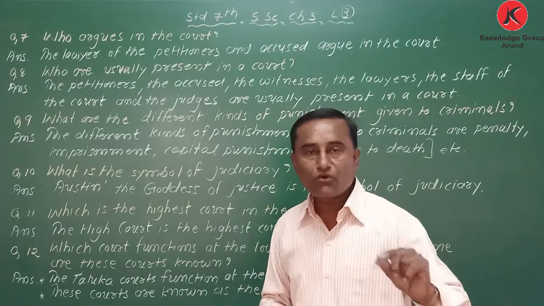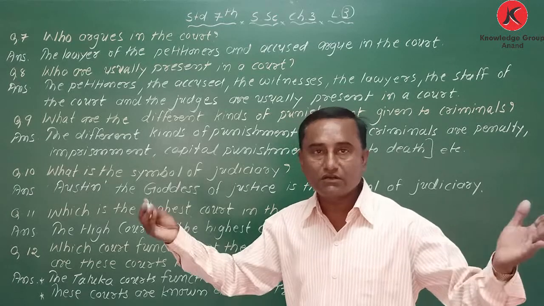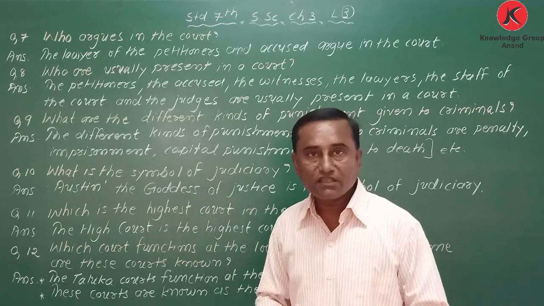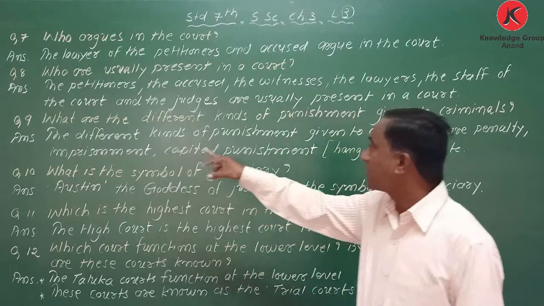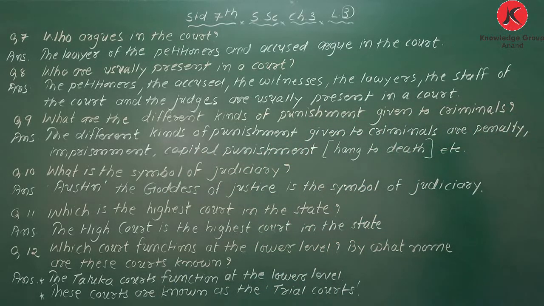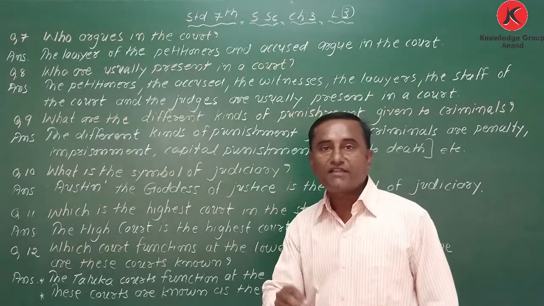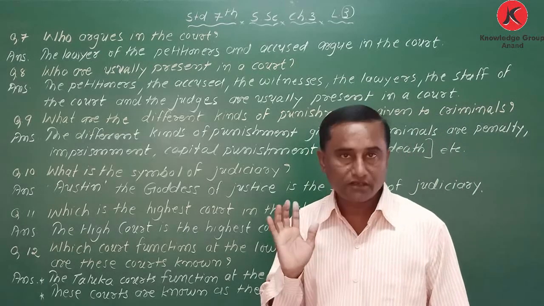Suppose the crime is a small one, a small punishment can be given. If the crime is bigger, a big punishment can be given. It depends on the crime which is done by the criminal.